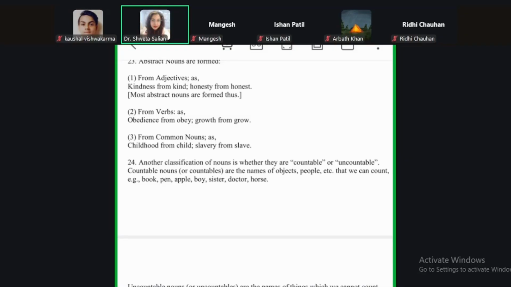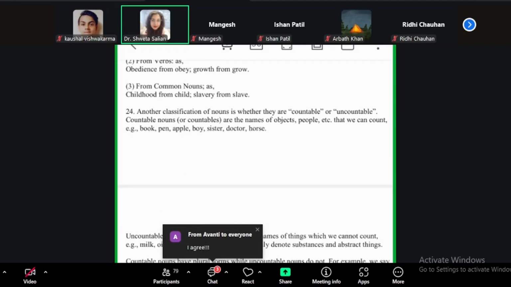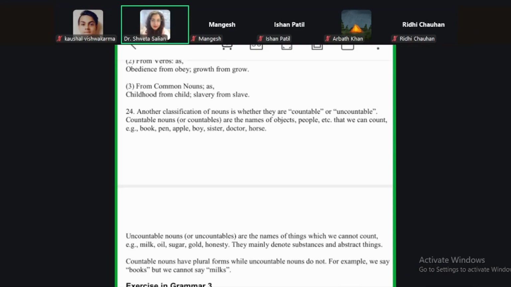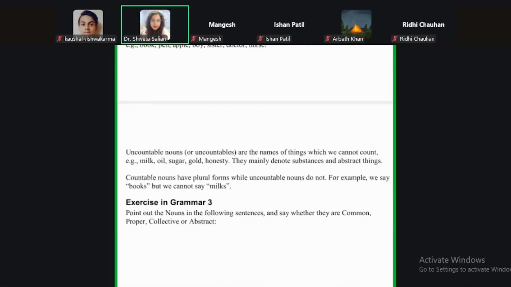So, coming back to countable and uncountable, uncountable are those things which, for example, sugar. You will say a small, what? Cube of sugar. Now it has to be those big cubes which you add to tea, etc., where you say a cube or 2 cubes or 3 cubes.